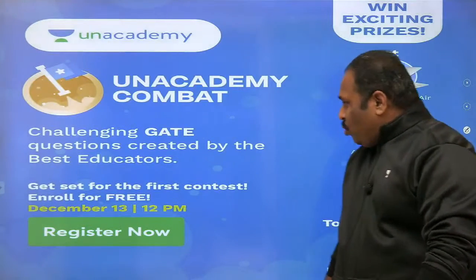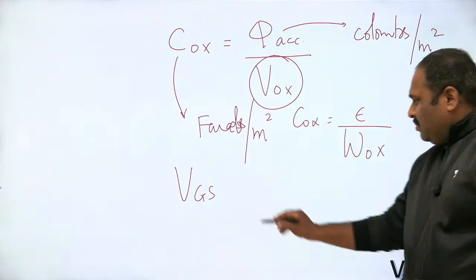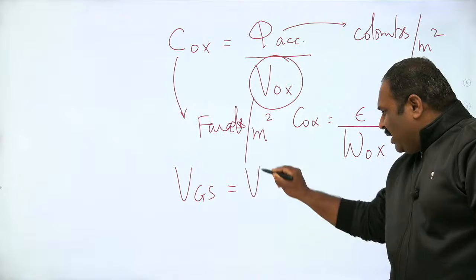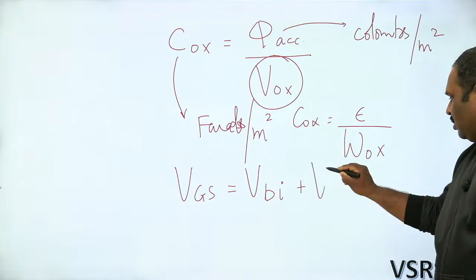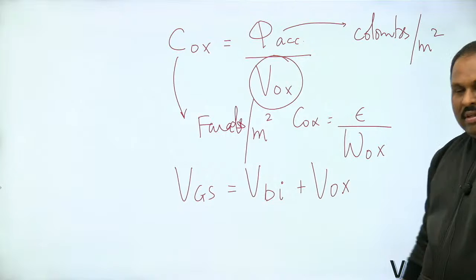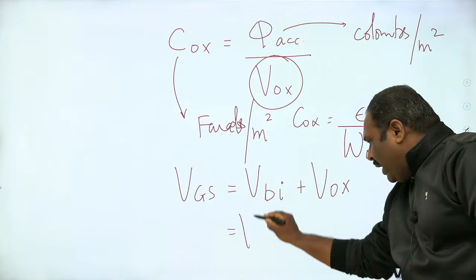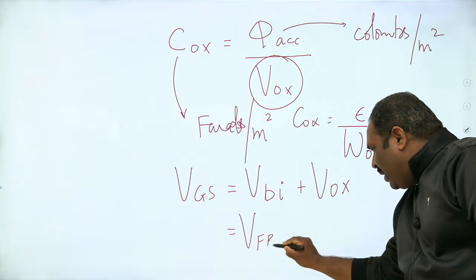So VGS, whatever the VGS is, it is consumed in the built-in potential plus the VOX. That built-in potential is what is called as flat band voltage.